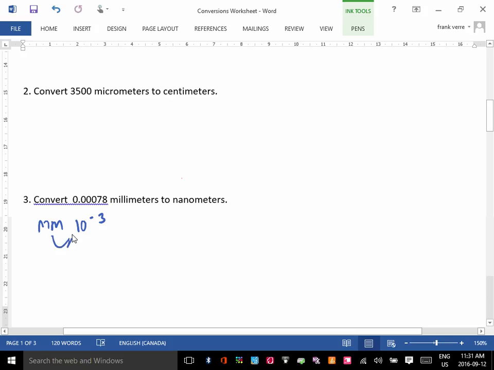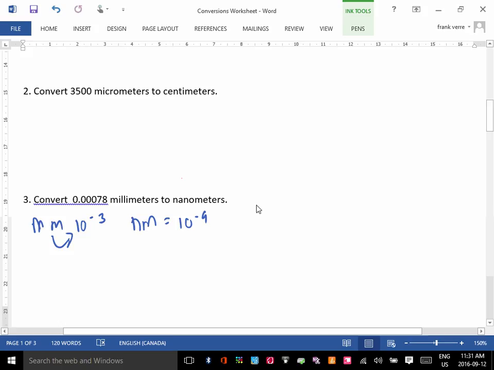Okay. So a millimeter is 10 to the negative 3. What's a nanometer? Equals 10 to the negative 9, right? So what's the bigger unit? How many times bigger? 6.